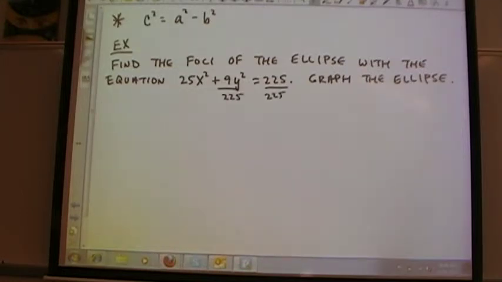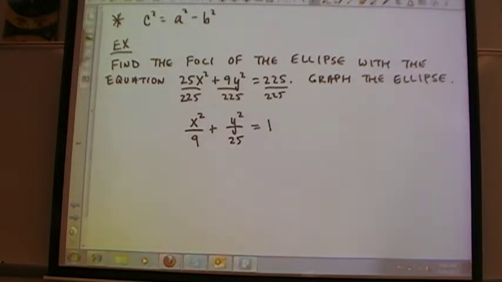And what is 25 divided by 225? 1/9, I believe. Right. 25 over 225 should reduce to 1/9. And 9 over 225 reduces to 1/25, which equals 1.